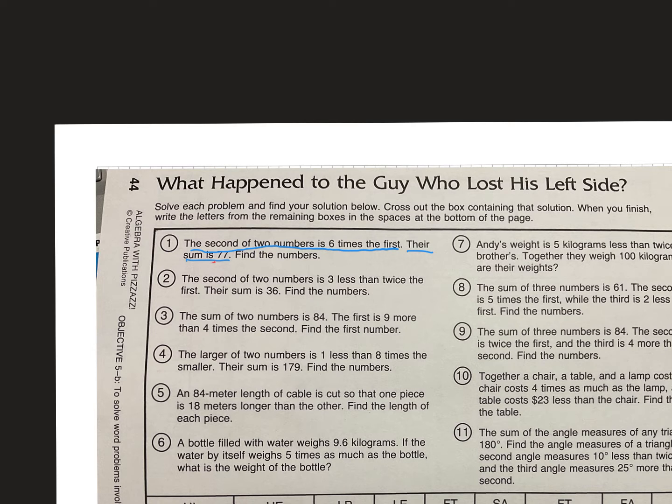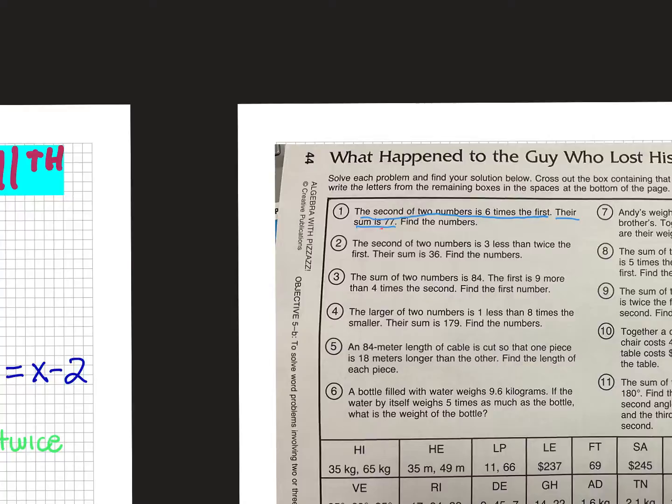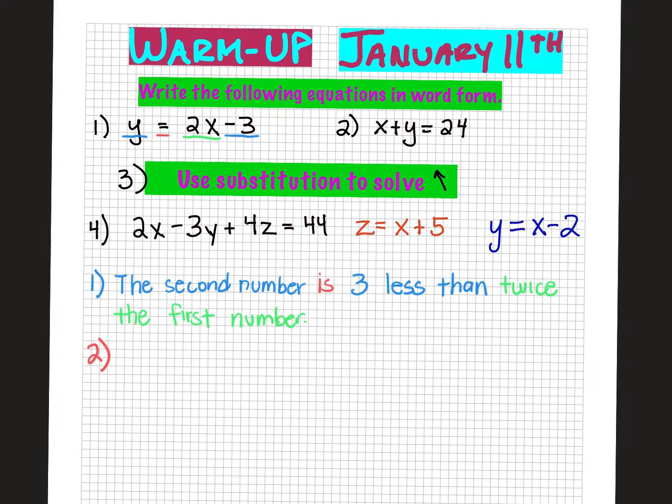So their sum, which means adding them together, is 24. All right, so those would be the two sentences that would get me the problems for number 1 and number 2.